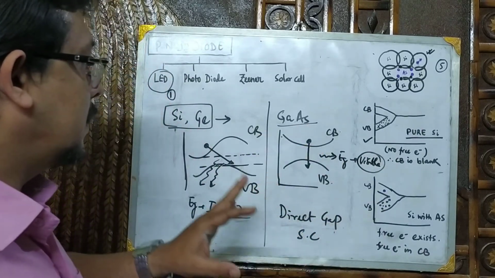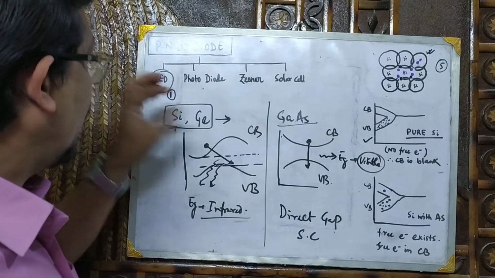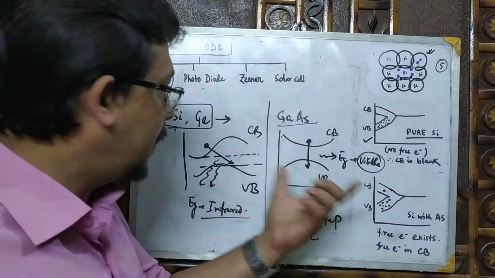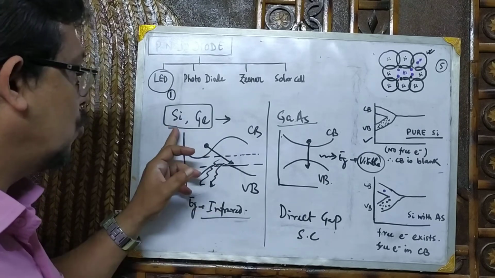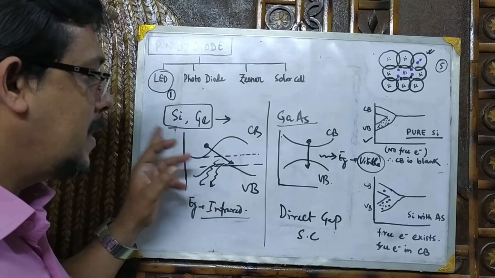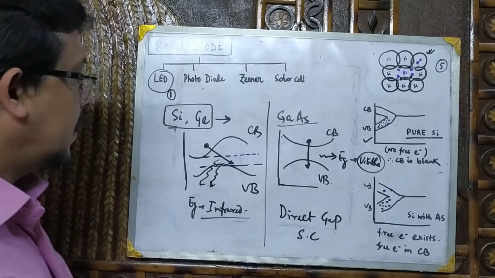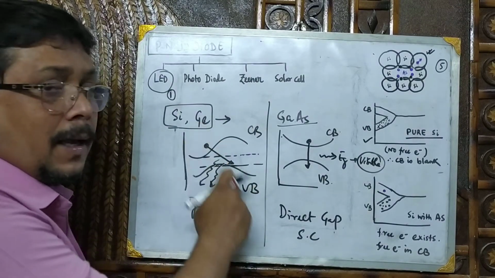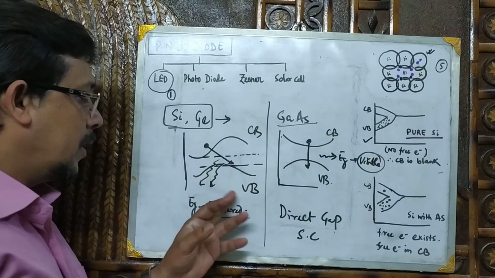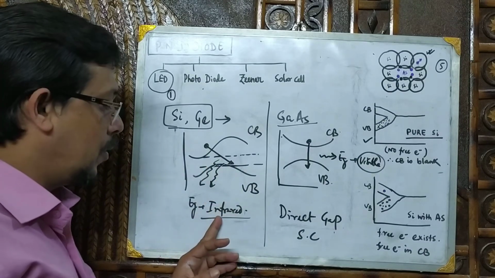So remember, the gist is that an LED is nothing but your simple PN junction diode, but the matter is that silicon and germanium are called indirect gap semiconductors, where when the electron jumps from the conduction band to the valence band, a momentum change is needed, so we get the infrared range of frequency.